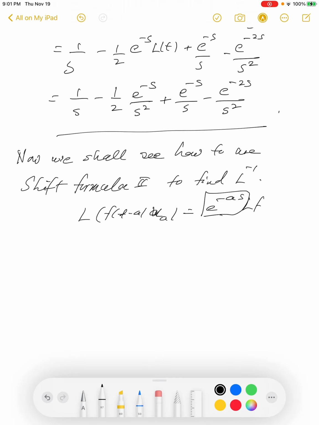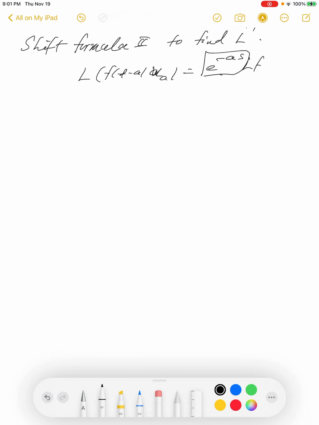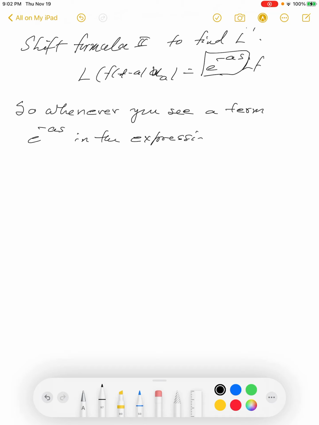So you have to have this factor e to the minus as. That tells you that you will need to use shift formula 2. So whenever you see a term e to the minus as in the expression for L of f of s, then you know to find f we need to use shift formula 2.